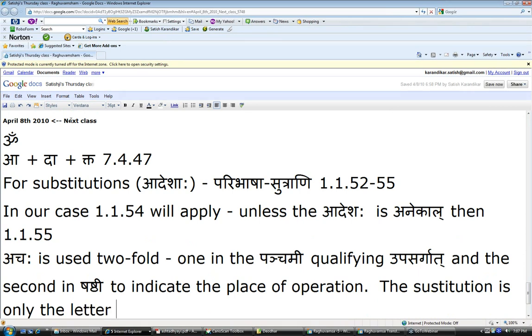In the sutram we have the ta, the a is used only for pronunciation, only ta. So all this is done in order to avoid problems in the following sutram.